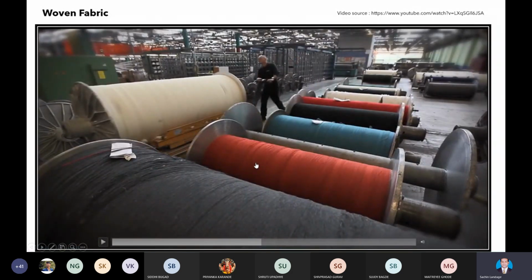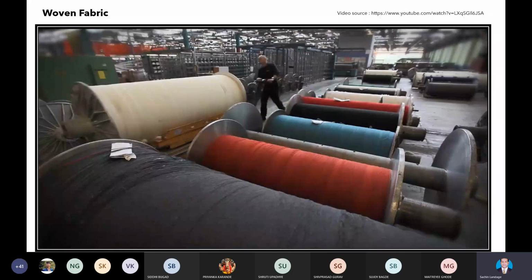So these things are called a beam. From warping, we get the beam, and these ends used in the beam, the warp or the ends, both are the same. These are loaded on a machine that is nothing but the loom. For woven fabric, the machine you use is the loom.